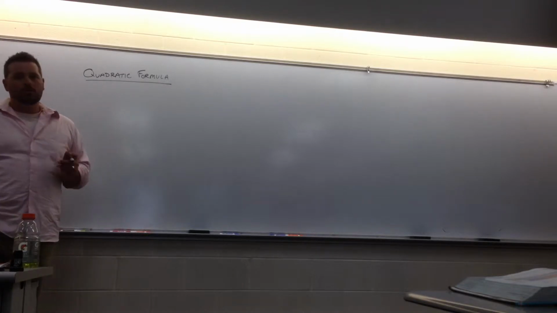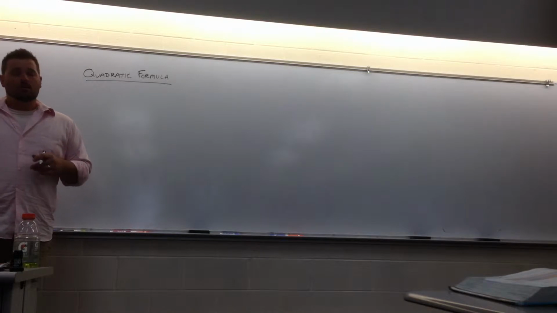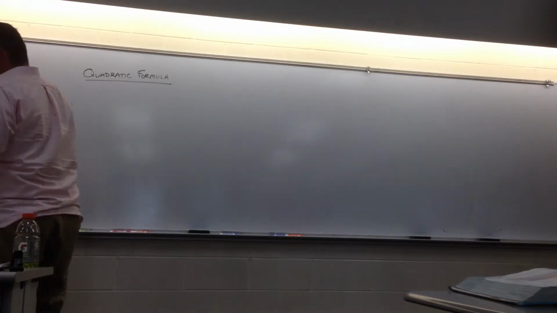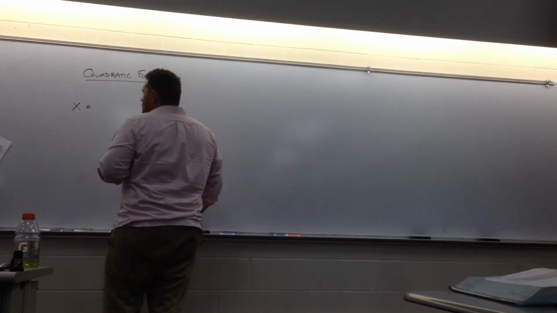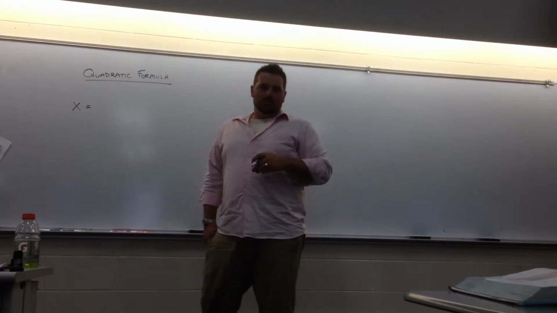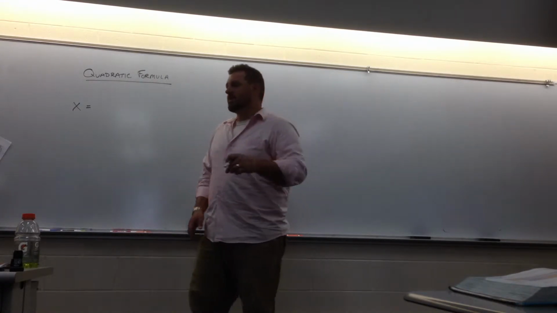The quadratic formula allows us to solve quadratics that can't be factored. So we're going to start by going over what it is. It starts off with x equals, because x is our solutions. Those are our roots, our zeros.